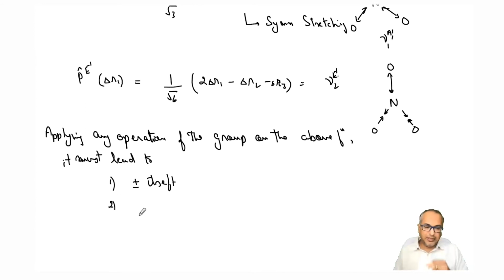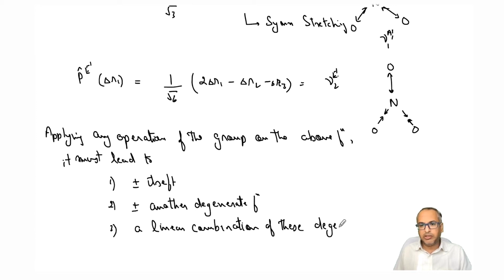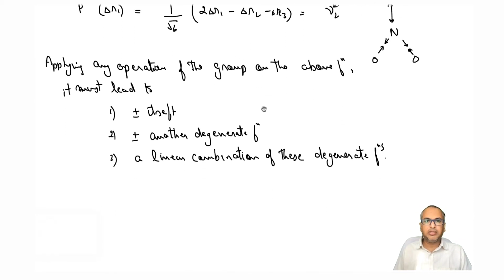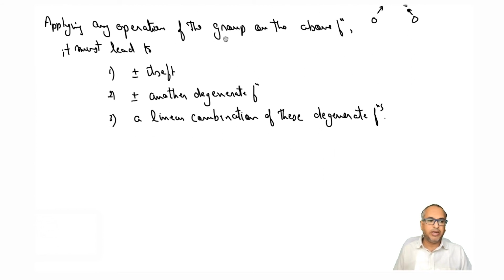The second will be plus or minus another: you may get lucky and get a degenerate function, the second function which you are looking for. Or the third is a linear combination of these degenerate functions. Okay, so let us do it. Let us try a symmetry operation on this function and see what we get.